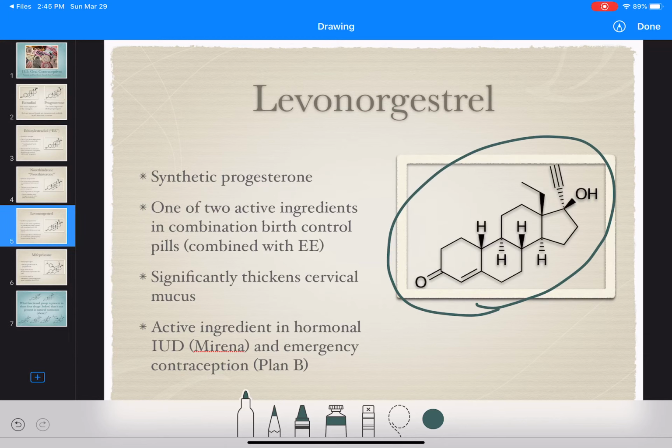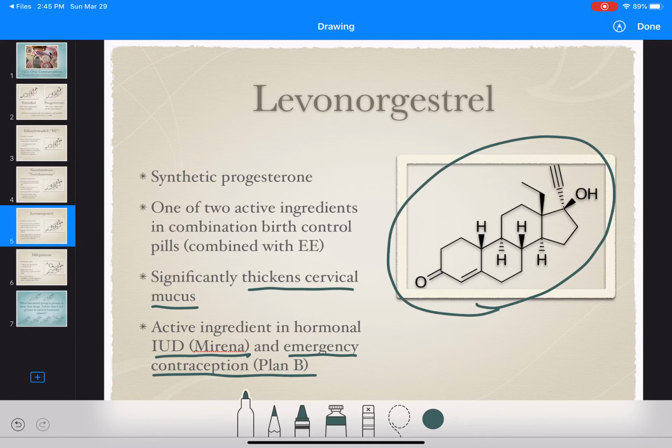This also works by thickening the cervical mucus, but it does it much more significantly than norethindrone. So this is more powerful. In addition, levonorgestrel is the active ingredient in Mirena, the hormonal IUD, not the copper IUD, but the hormonal one. And in high doses, it's used as emergency contraception, which in the US we call Plan B.